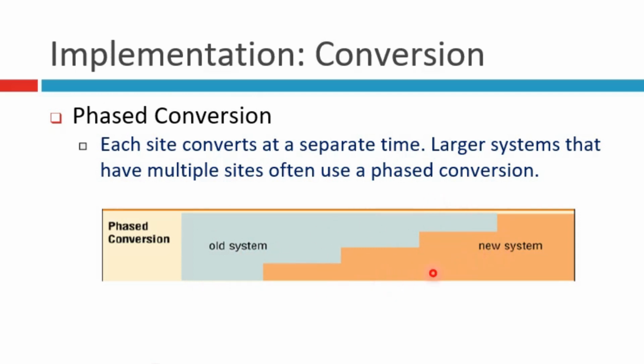For example, in Microsoft Office, we have 4 applications involved: Microsoft Word, Microsoft Excel, Microsoft Access, and Microsoft PowerPoint. So the management can have every part converted at a separate time, phase by phase. For example, from January to February, the staff must not use Microsoft Word. They must use Open Office document.